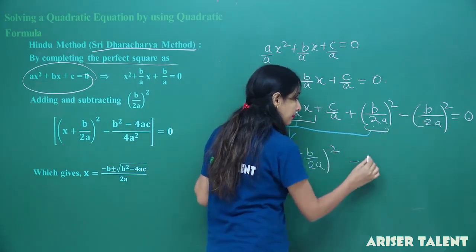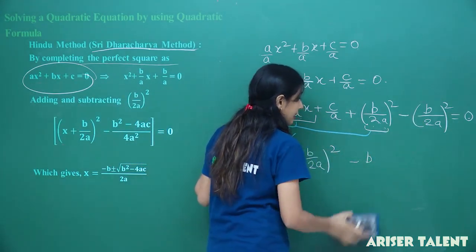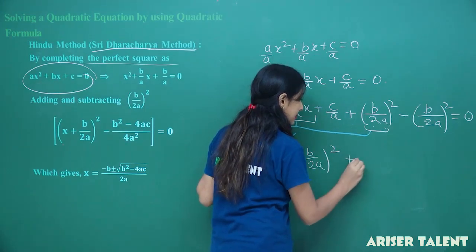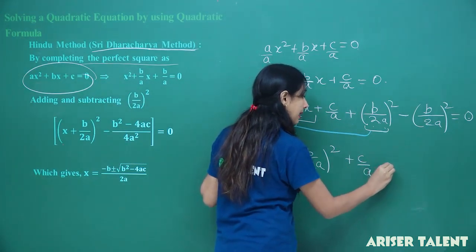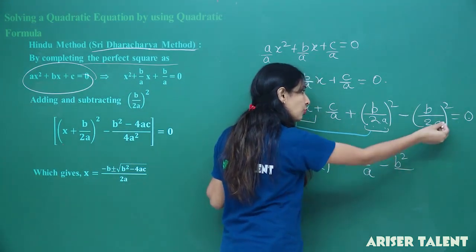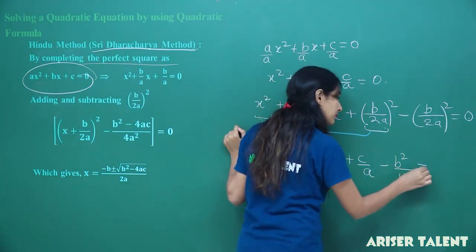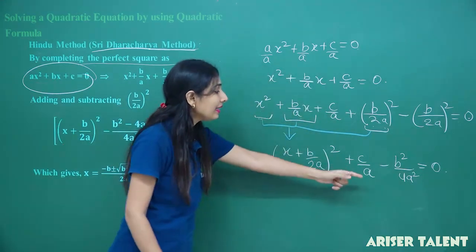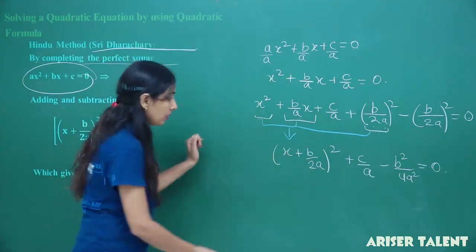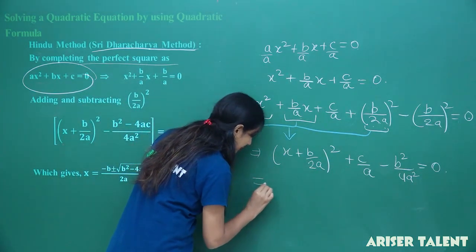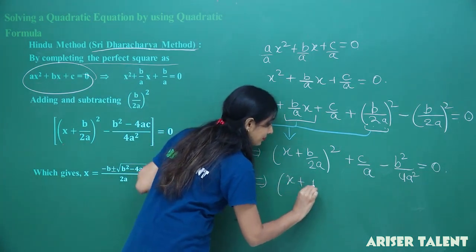That will become plus c by a minus b square upon 4a square equals to 0. Now, can I take this LCM? If you are permitting me, I am doing it.